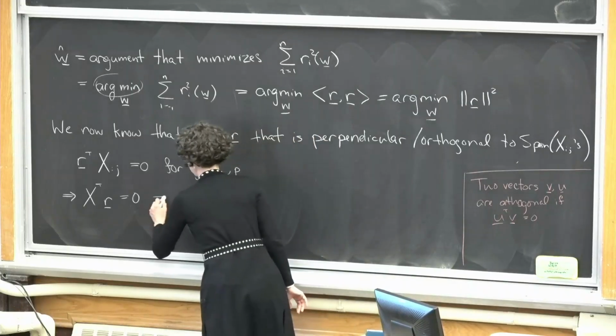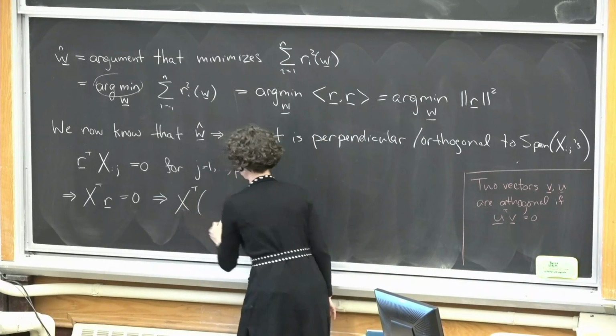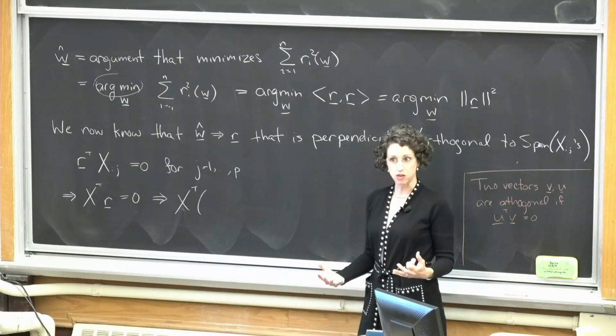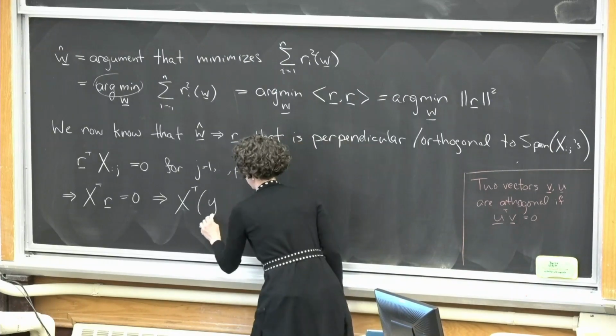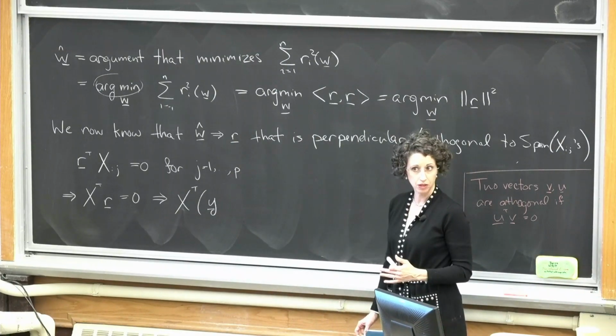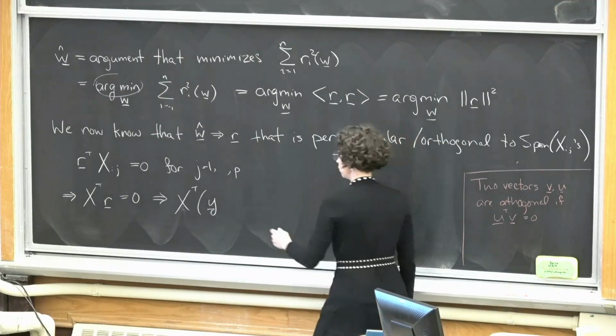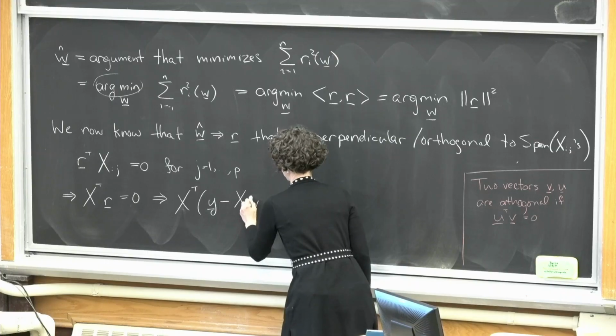Now I'm going to fill in our definition of R. So I've got x transpose, and remember that R, this residual, was the difference between our vector of training labels y and our predicted labels, which are x w hat.